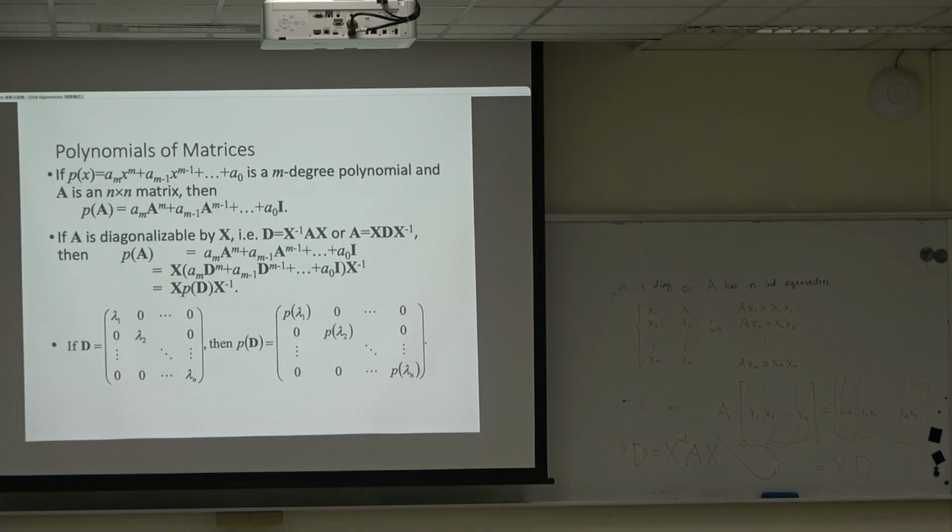It's very straightforward. So you can compute a_n D^n plus a_(n-1) D^(n-1) and so on, and get X and X inverse out. The middle part becomes P of D. Once you get D, you can compute P of lambda 1, P of lambda 2, and so on as the diagonal elements, and that's P of D. Then you multiply X by P of D, and multiply the result by X inverse, and that will be P of A.